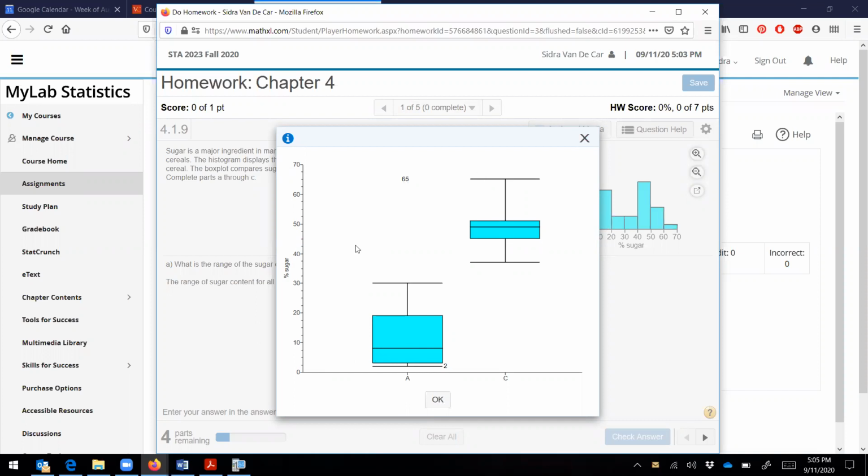So I'm able to read it clearer from the box plot than I am from the histogram. And in fact, notice it doesn't seem like I have any cereals with sugar contents between about 30 and 35-ish, right?